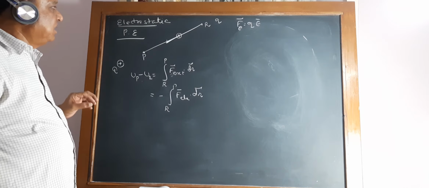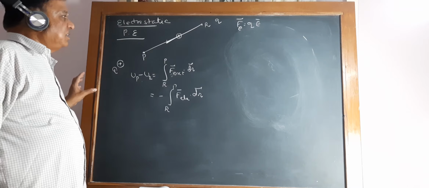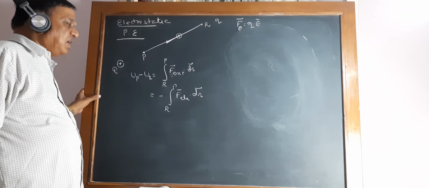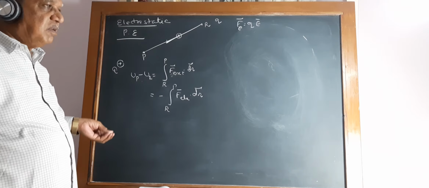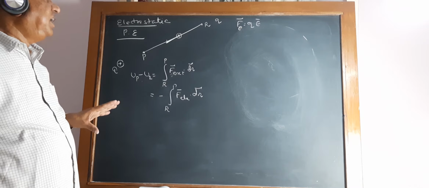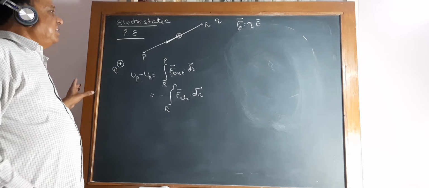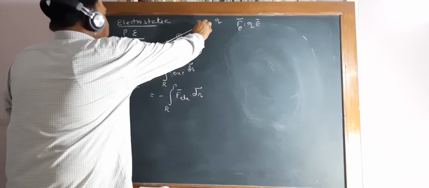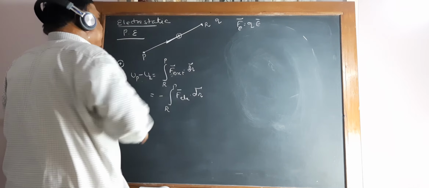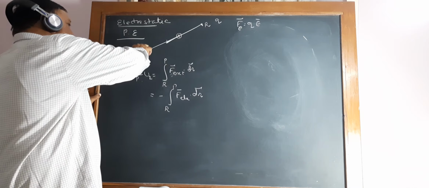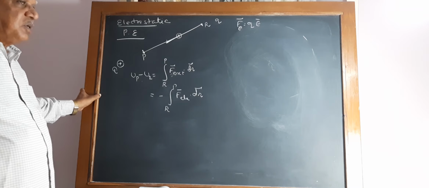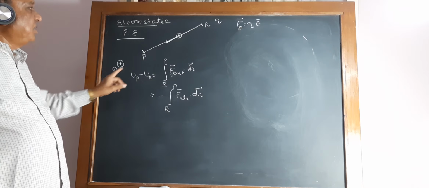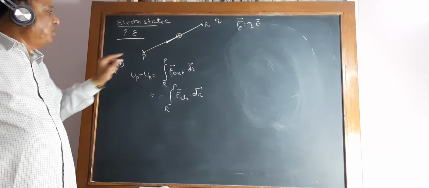Now see, work done by the external force, which is equal but opposite to the electric force. Then suppose at point R and at point P, potential energy is UR and UP respectively.